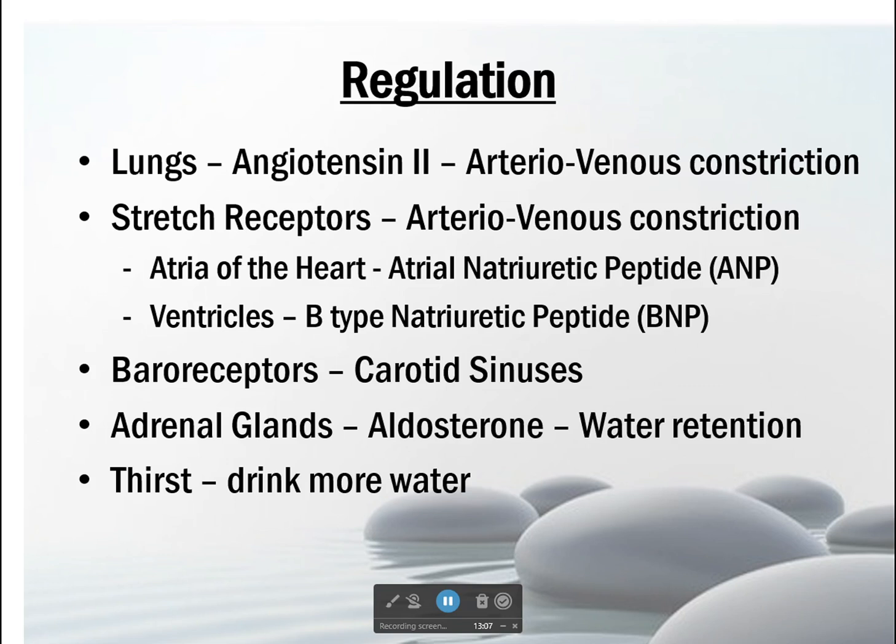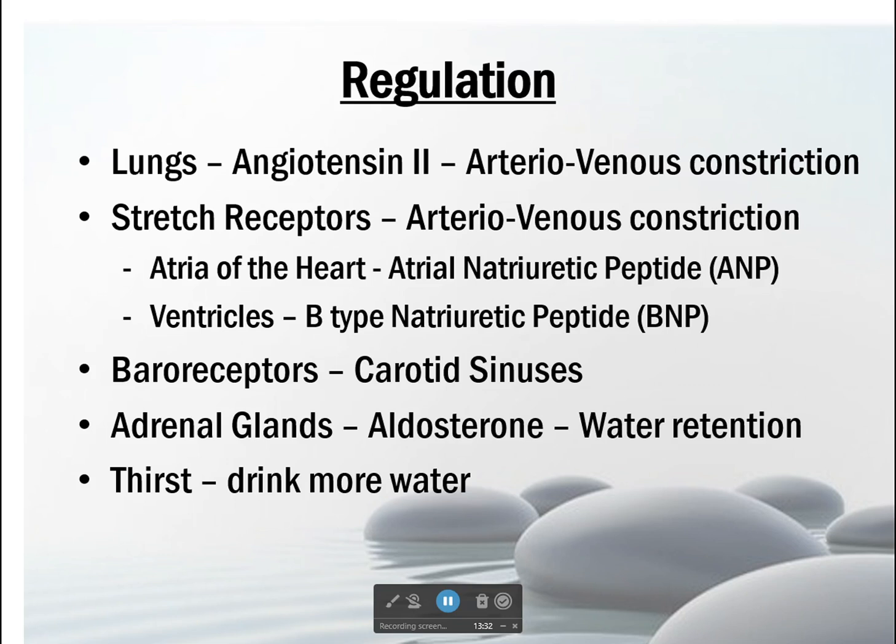Baroreceptors are sensors in the carotid sinuses up around the brain, in the carotid bodies around the neck, going toward the brain, that sense distension in those areas and send signals to the body to respond and address either a lack of fluid or a need to manage this extra fluid.